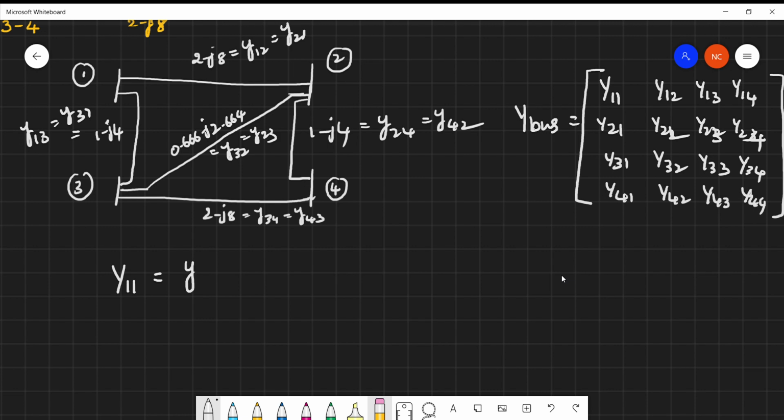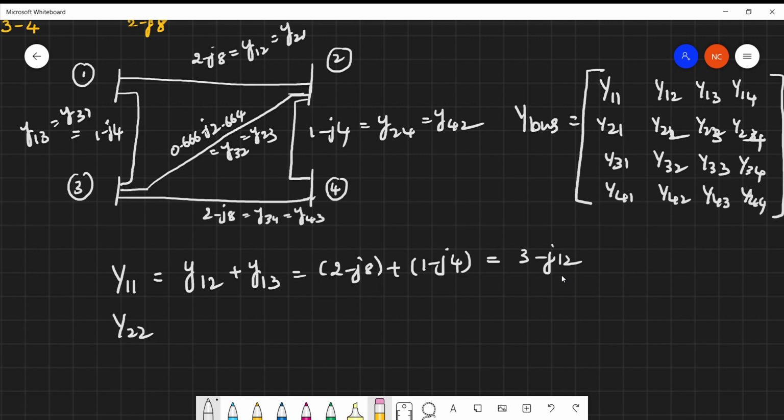So it is Y12 plus Y13, which is 2 minus j8 plus 1 minus j4. If we do the calculations, we get 3 minus j12. Like that, we can calculate the rest of the diagonal elements.